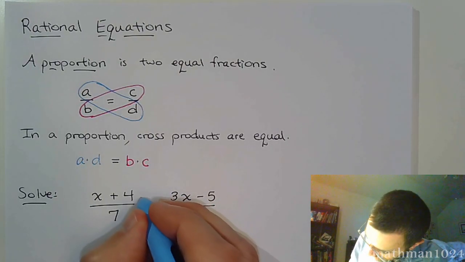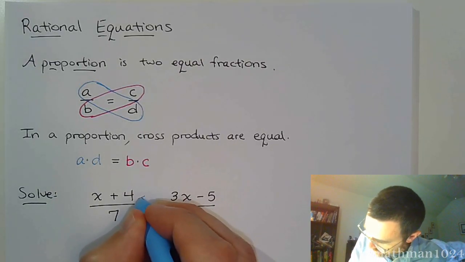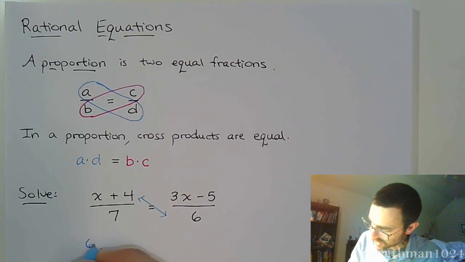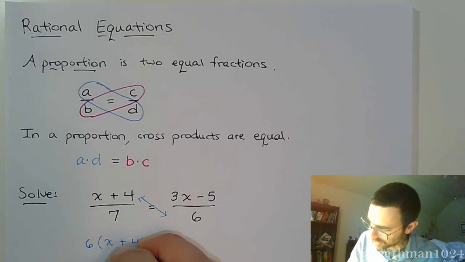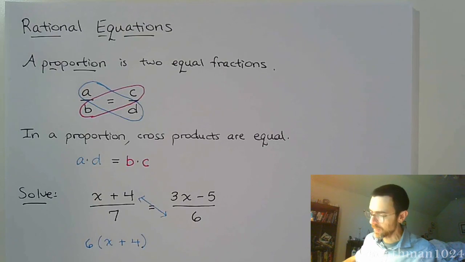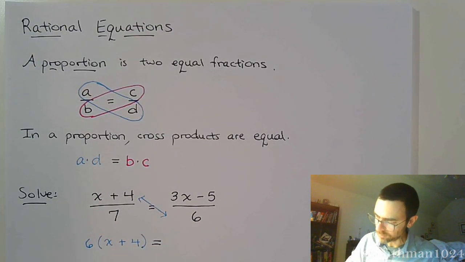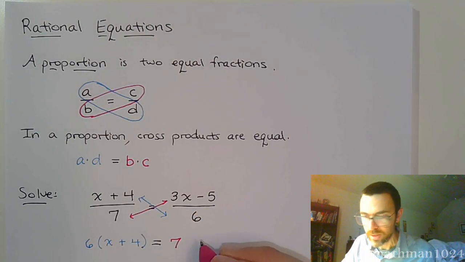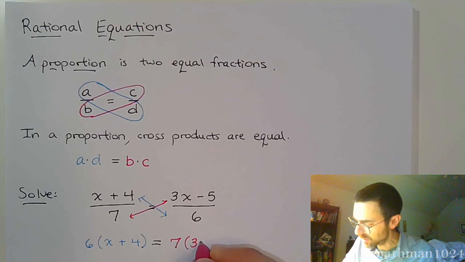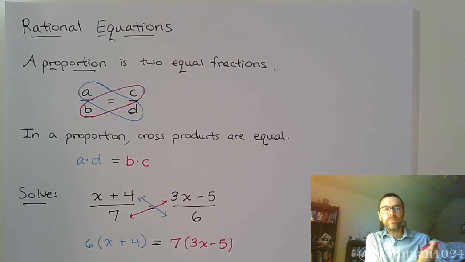So that means this cross product, the product of 6 times x plus 4, is supposed to equal the other cross product, which is going to be 7 times 3x minus 5.